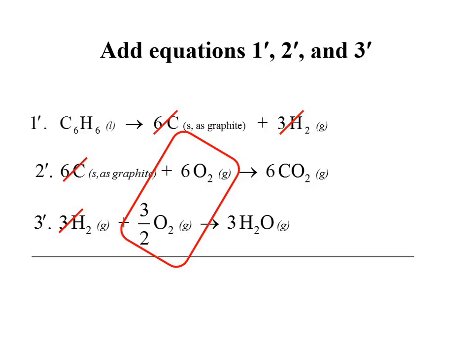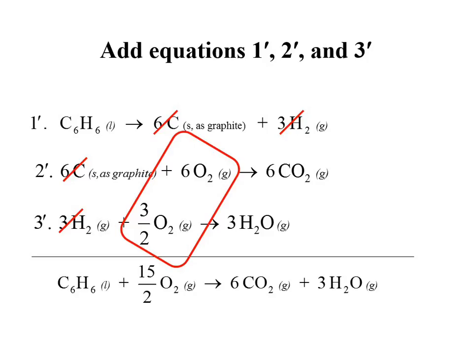So now we're ready to bring down what's left over. So what's left over on the reactant side is 1 mole of C6H6, 15/2 moles of O2, and on the product side, we have 6 moles of CO2 and 3 moles of H2O. That's how you add those 3 equations.